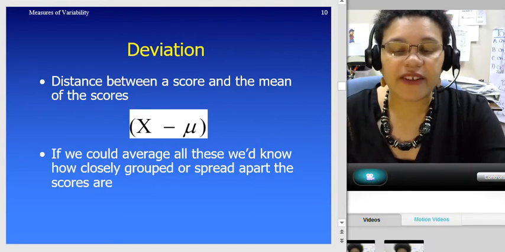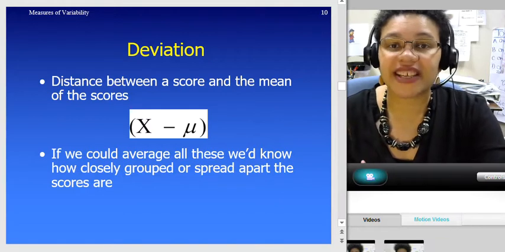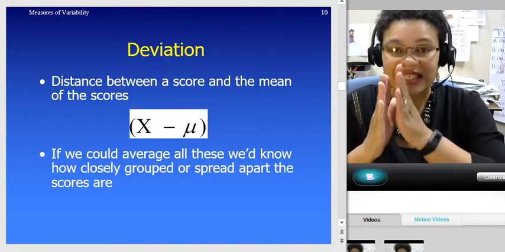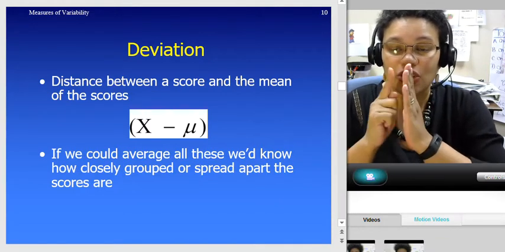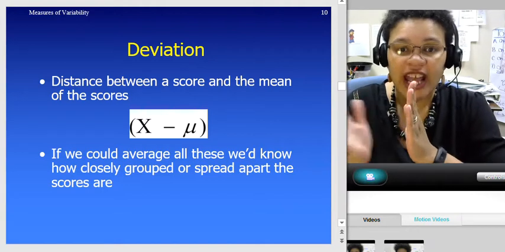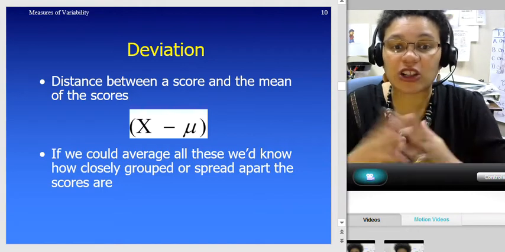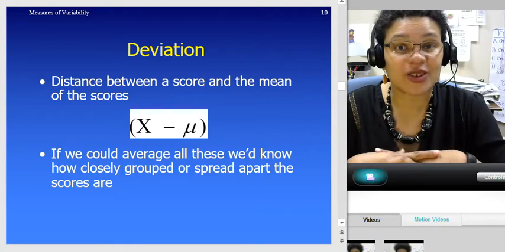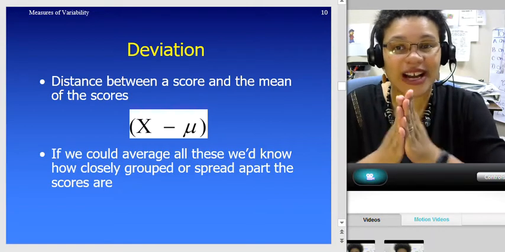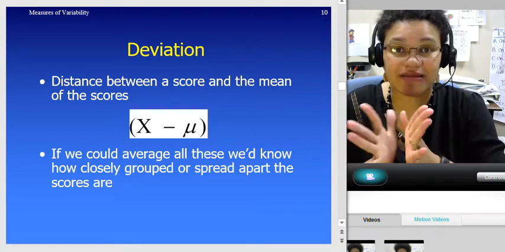If we could average all of the deviations, the distance from the mean to some particular score, we'd know how closely grouped or spread apart the scores are, because we'd know how close everyone is to the mean.